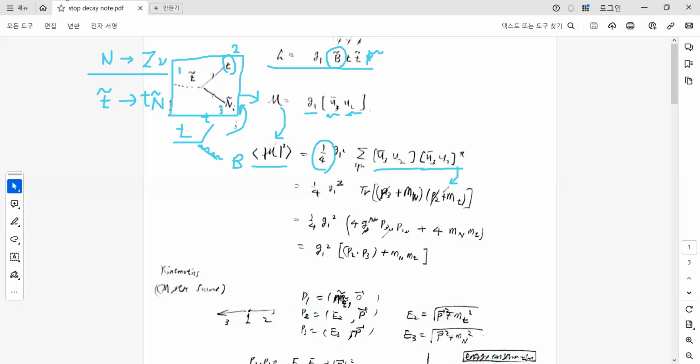So it turns out to be a trace, and by using the trace theorem, there are two gammas with p3 and p2, so it gives a p2 dot p3 inner product, and for the mass term, there are m and mt, and for the one gamma matrix term, it gives zero for the trace calculations.